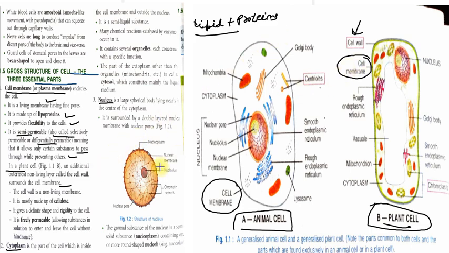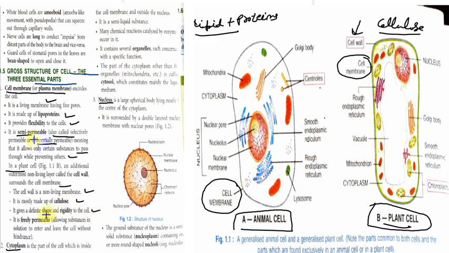So what is this cell wall? The cell wall is a non-living membrane. It is mostly made up of cellulose. Another important thing, cellulose gives definite shape and rigidity to the cell. So it is freely permeable.